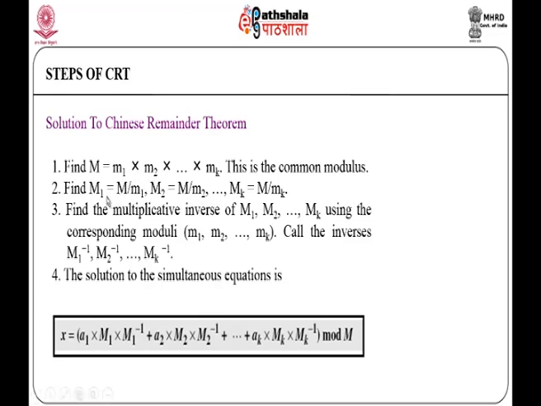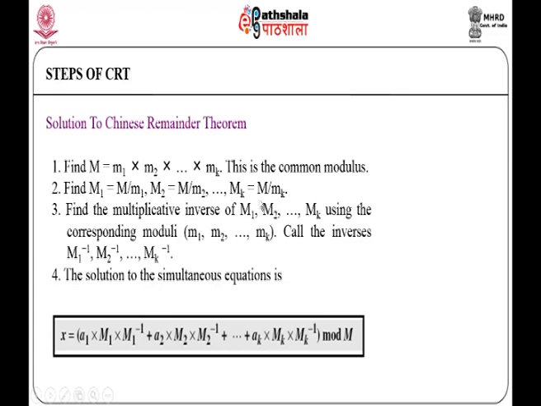The next step is to find capital M1, which is different from smaller m1. Capital M1 is equal to capital M divided by m1. Similarly, we find for m2, capital M divided by m2, for m3, capital M divided by smaller m3, and like that till Mk is equal to capital M divided by mk.